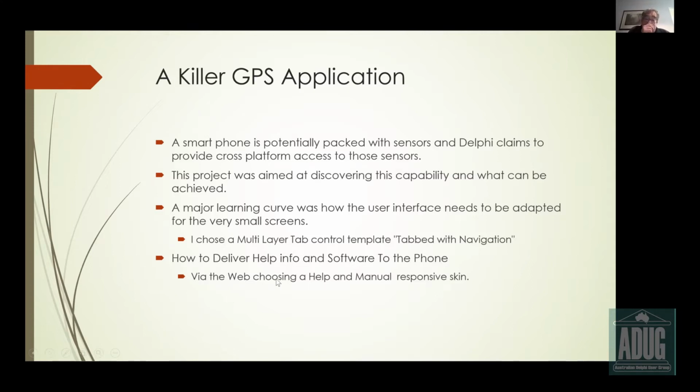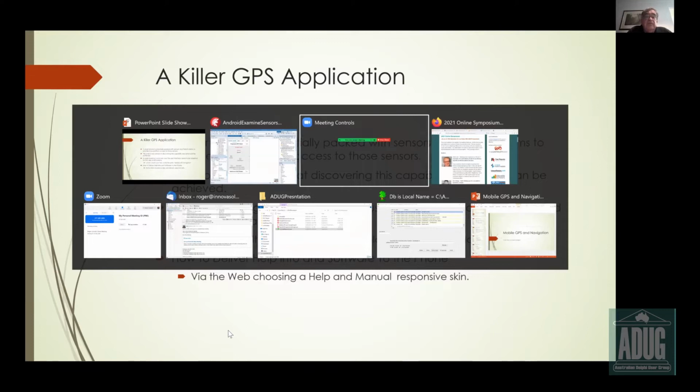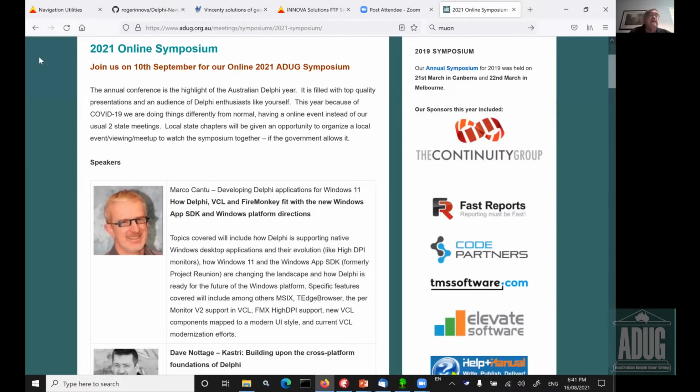So then I had to look at, I keep all of my documentation in Help & Manual, and I found that by choosing... So I went looking for the thing.